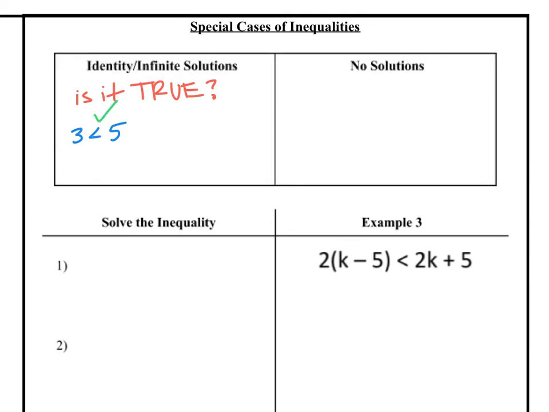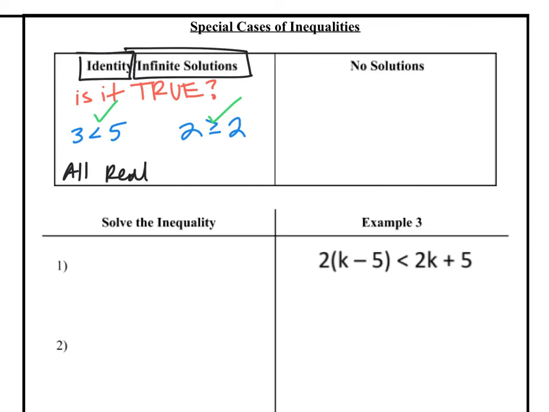Another example would be 2 is greater than or equal to 2. 2 isn't greater than, but it is equal to, because it's greater than or equal to. So these things are true. Then you would say either identity, infinite solutions, or like we talked about the other day, you could also say all real numbers. Any one of those three is great.